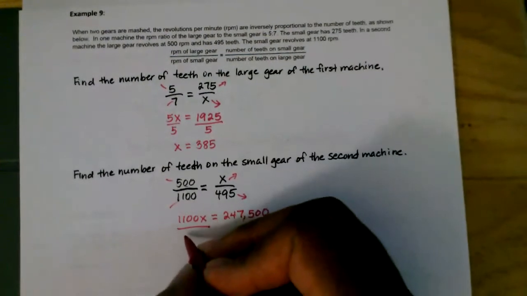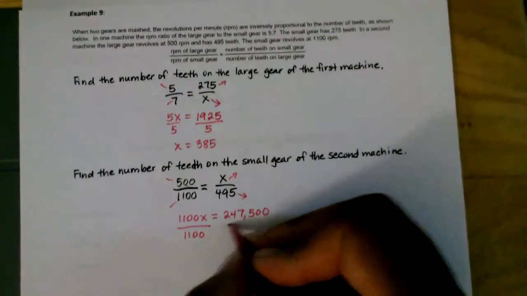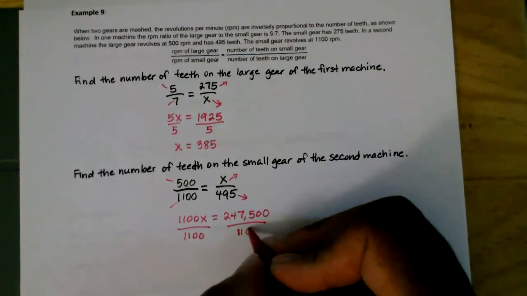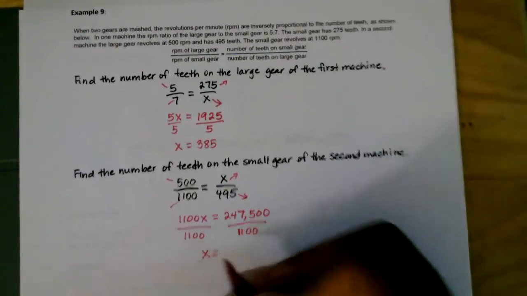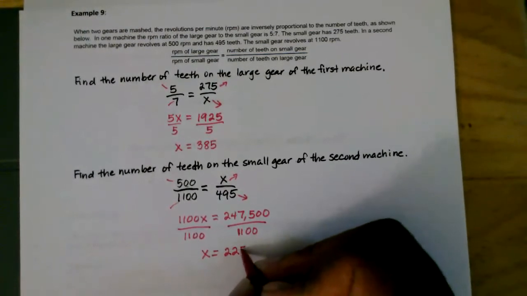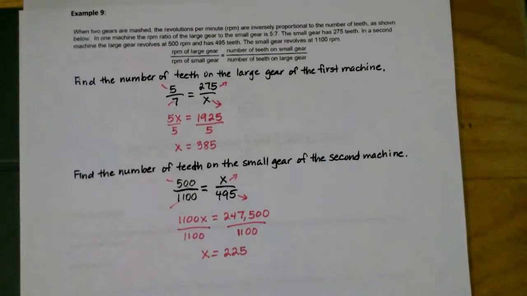And then divide both sides by 1100 to solve for x. This will be x is equal to 225. So that's the number of teeth on the small gear of the second machine.